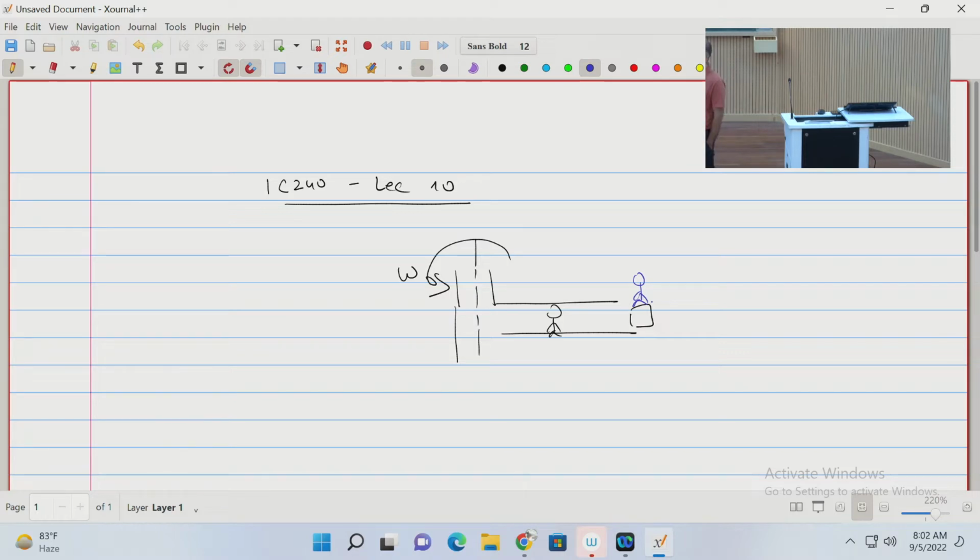So in one case, I am sitting halfway through the tube and seeing the plug. I am rotating in the tube, and the other case I am sitting on the plug.